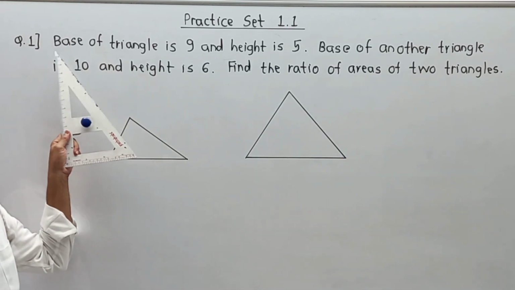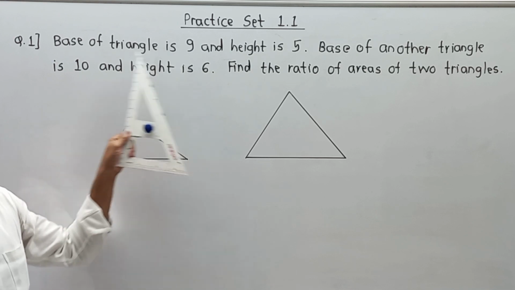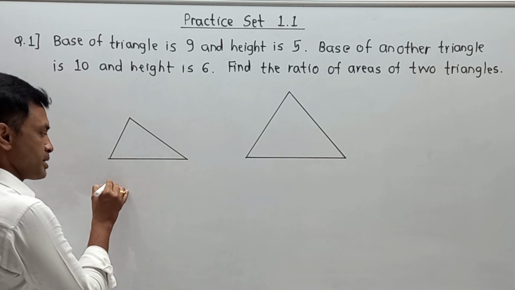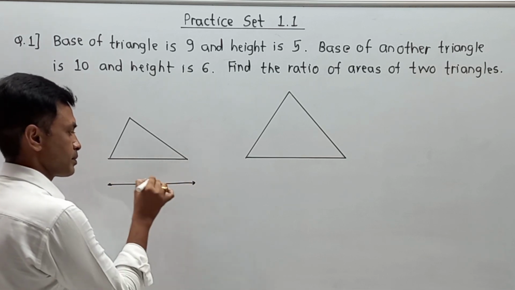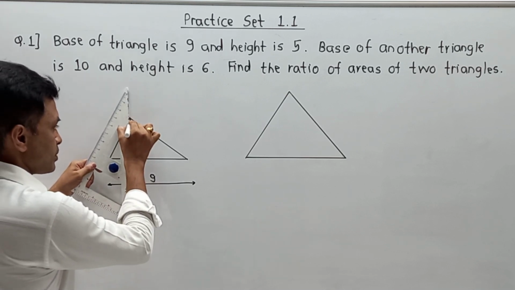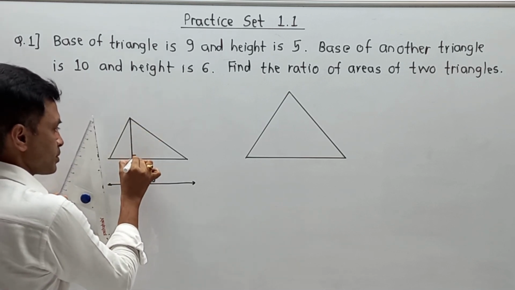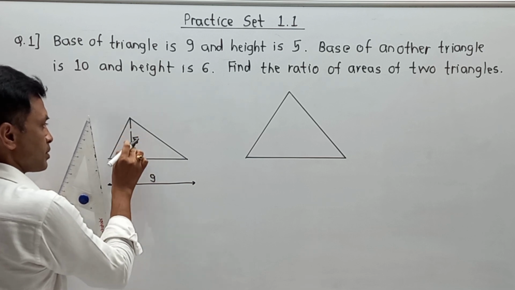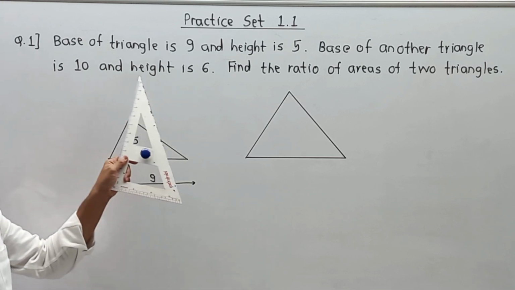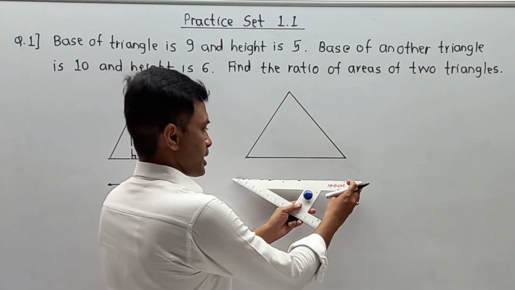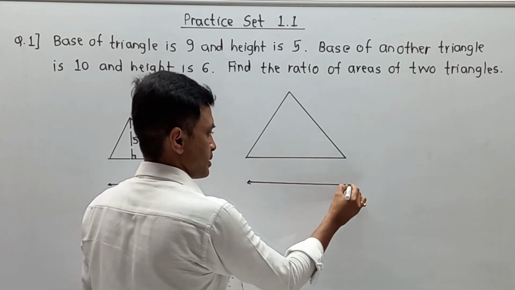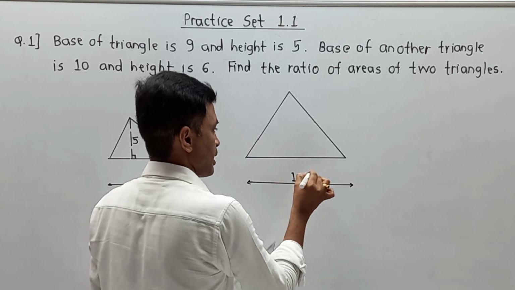As per the given data, for the first triangle 9 is the base and 5 is the height. For the second triangle the base is 10 and the height is 6.